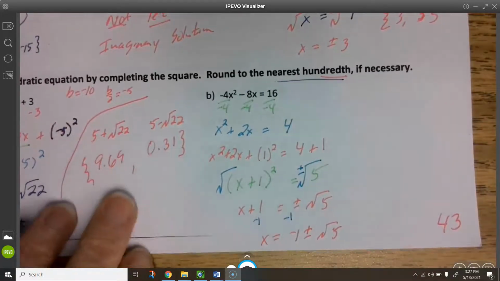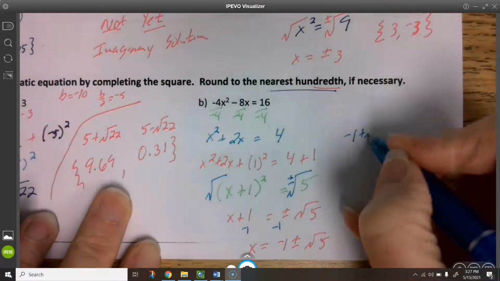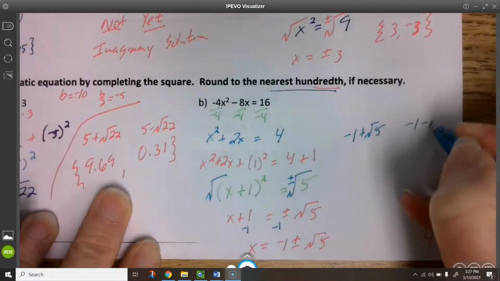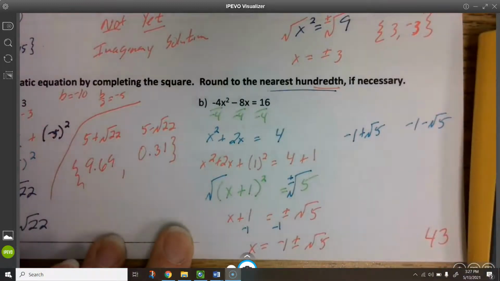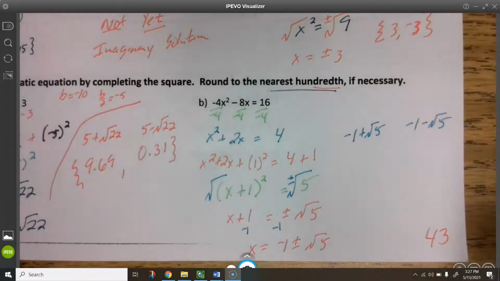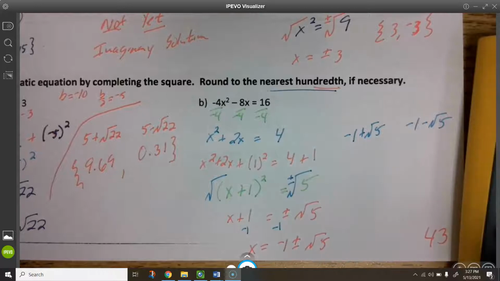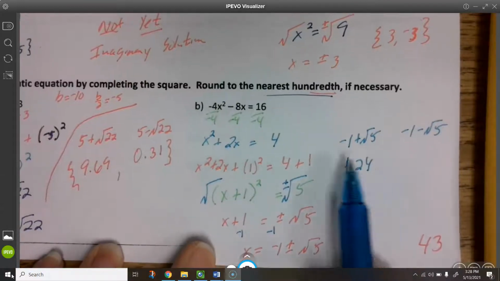Okay, pull out your calculator. Oh, well, we'll separate them first. -1 plus square root 5, -1 minus square root 5, calculator. So on -1 plus square root 5, we're going to get 1.24 after we round.